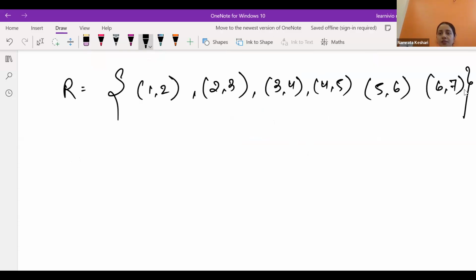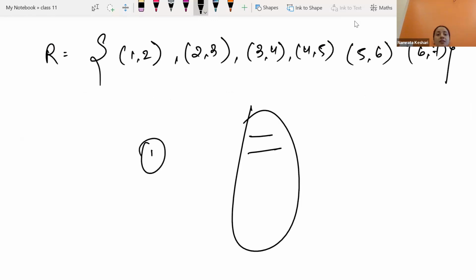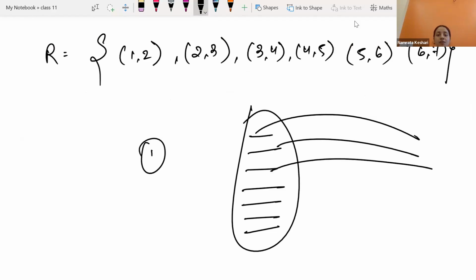Let's see whether it is a function or not. Here no other set is defined so that we can check that each and every element has its image or not. Rule number 1 says from the first set, each and every element must have its image. That is rule number 1.